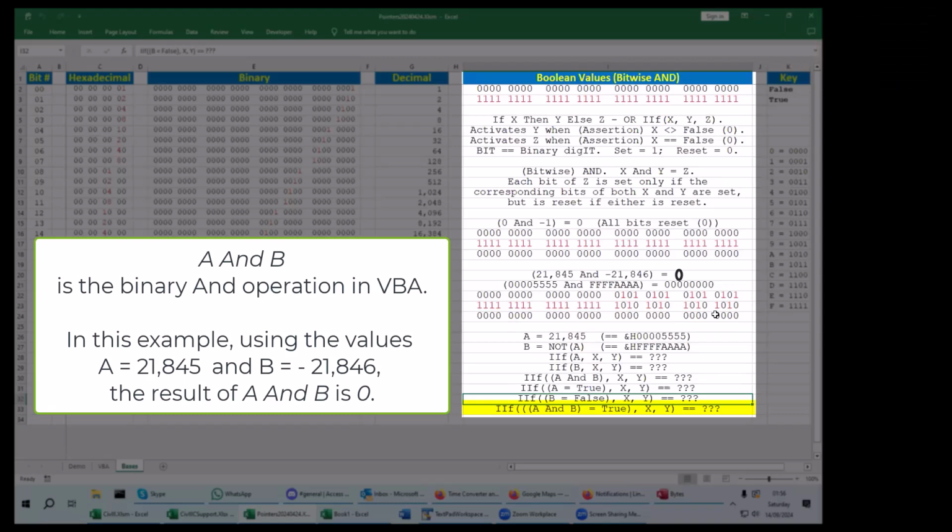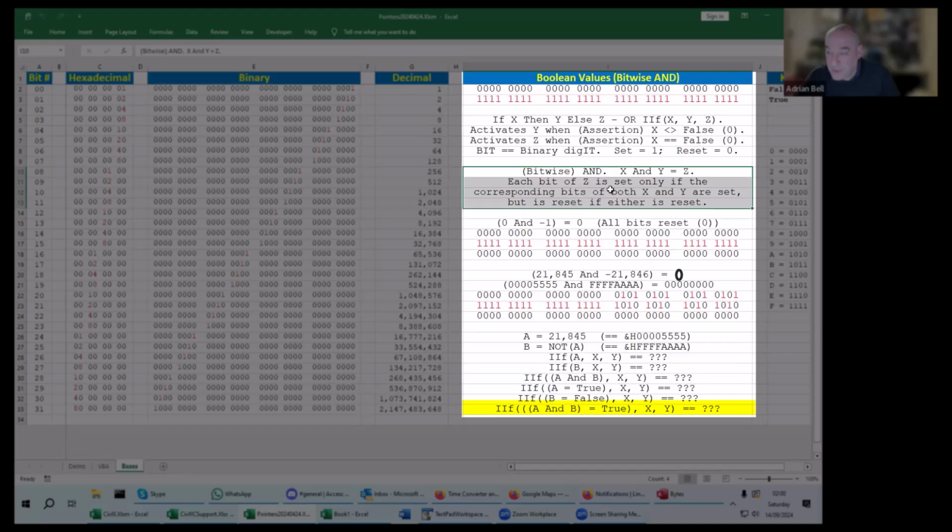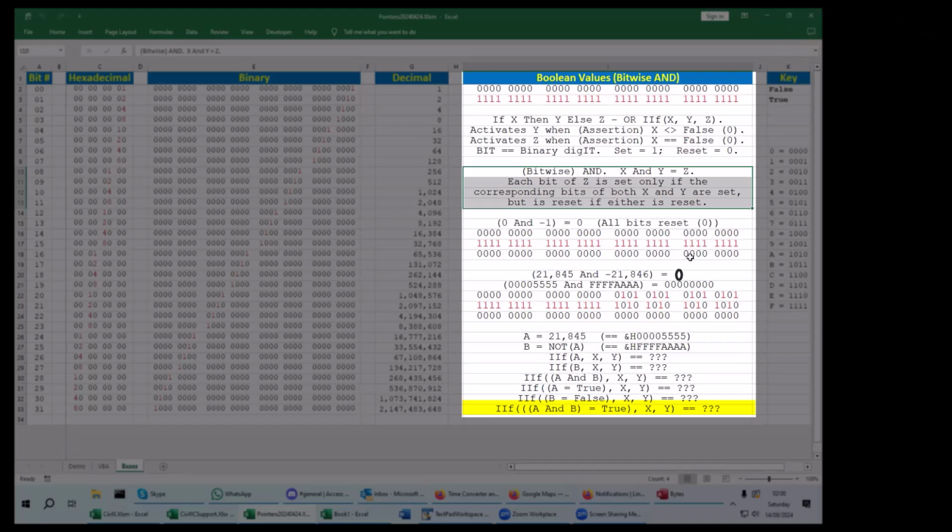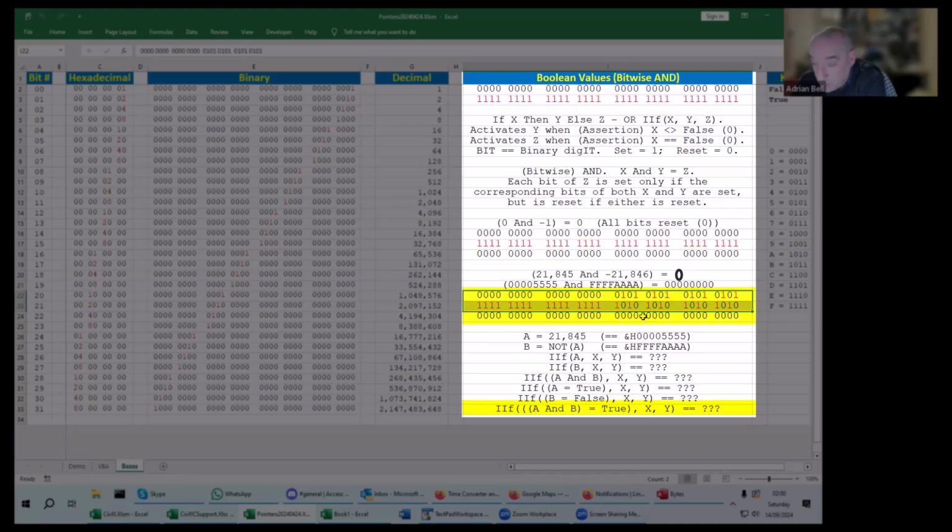Mm-hmm. Okay. Will, do you have an answer for that? Yeah, I was going to say, if we look at it logically the way you've been doing, if you take the A number and the B number in binary, and you add them together, you get all ones. And that would be your -1. Do you get all ones?